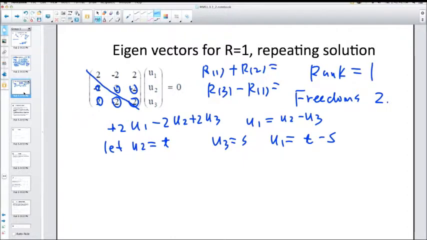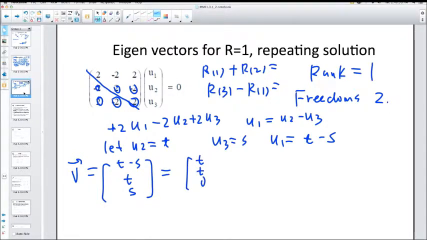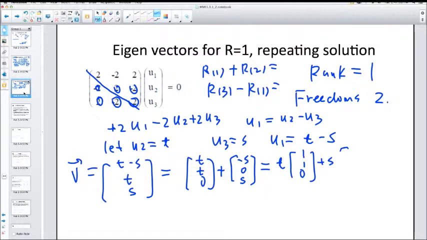And then your solution will be v equals (t minus s, t, s). Let me rewrite it as (t, t, 0) plus (-s, 0, s). Take the t out, and you get (1, 1, 0). And take the s out, and you get (-1, 0, 1).